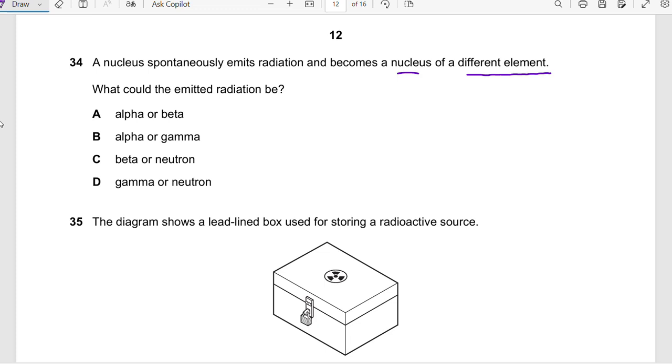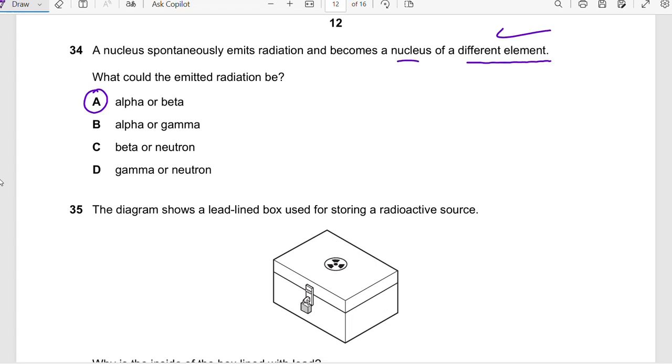The emitted radiation that causes a different element is actually either alpha or beta, because gamma doesn't change the nucleus. Maybe the emission of gamma makes it more stable, but it doesn't change it to another isotope, okay? So it's option A.